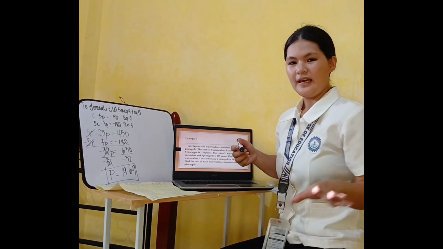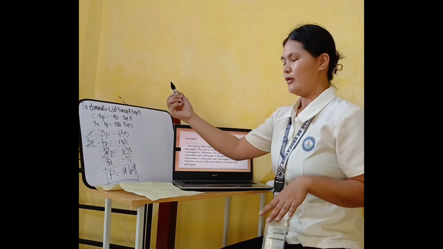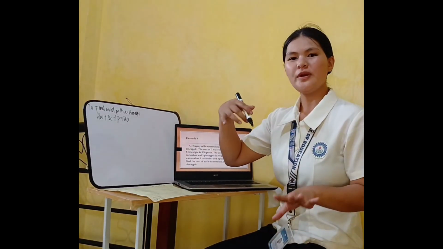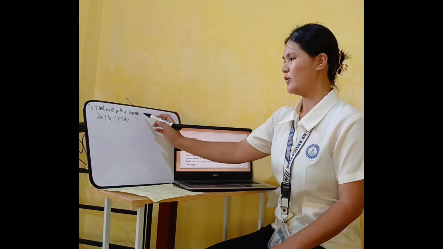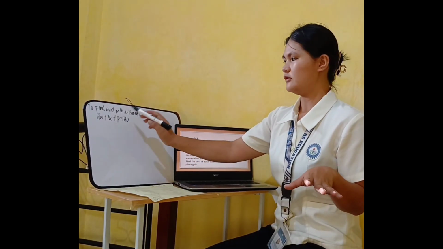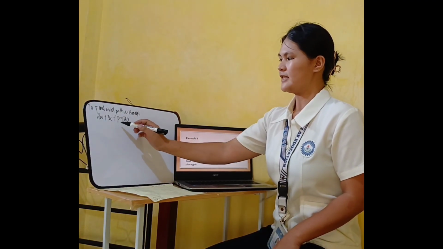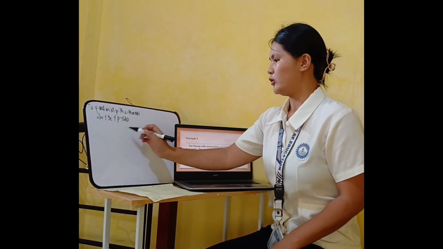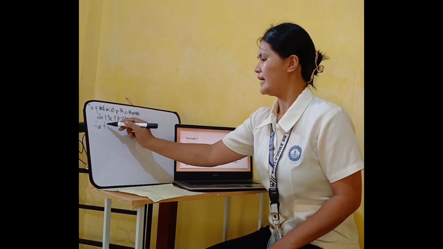So, next is we're going to find W na kung saan siya yung unang in-eliminate natin. So, we are now going to find the value of W. So, we will use the equation 1 na kung saan ay gagamitin din natin yung value ni P and yung value ni C. So, 2W plus 3C plus P is equal to 120. Copy the 2W plus 3.